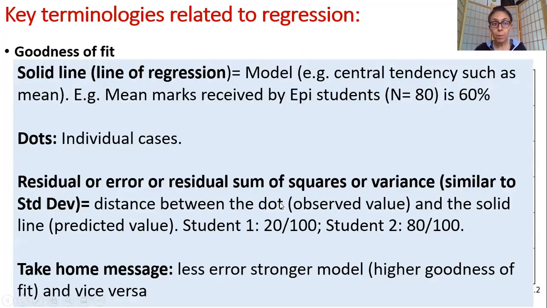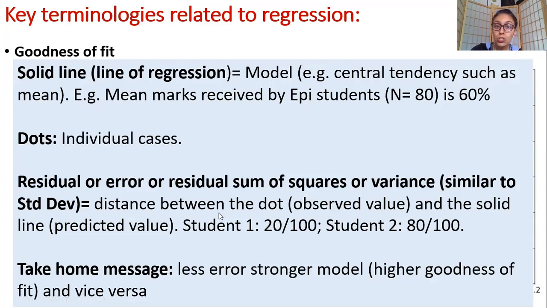Because these are very new concepts for you, wherever possible I have tried to summarize them in written statements as well. So, just a quick summary. Your solid line is called the line of regression. It shows you how good or bad your model is.